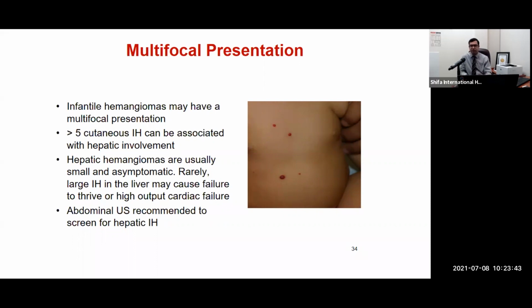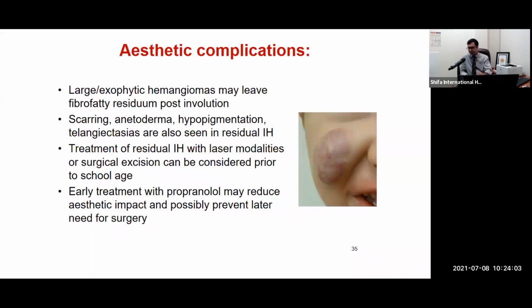So even with more than 5, think about options. Is it systemic involvement? Hepatic hemangiomas can be asymptomatic, but sometimes they can have high output cardiac failure associated with them. So abdominal ultrasound is recommended. We'll talk about the protocol soon. It's in a few slides.